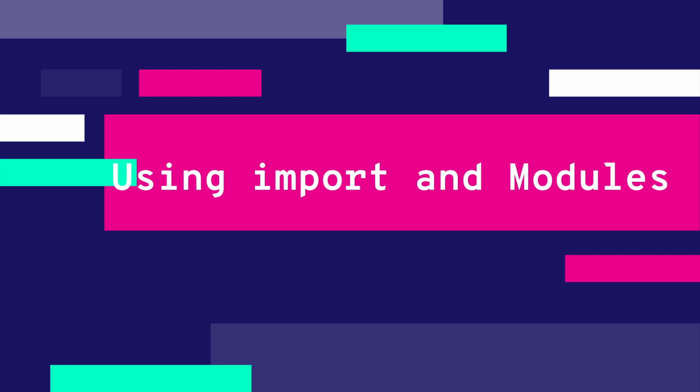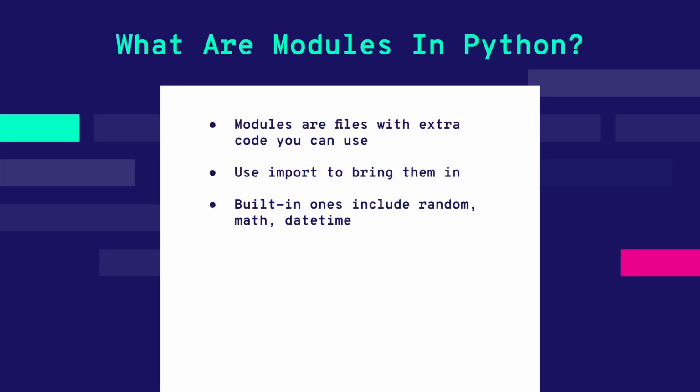Now, moving on to an extremely useful concept, the import statement and modules. What are modules in Python? Modules are files with extra code you can use, like extra functions. To bring them in, you use the import statement. There are many built-in ones, including random, math, and datetime.